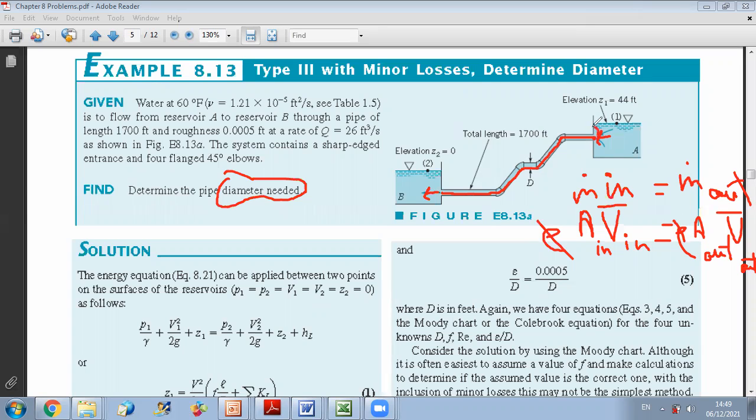The inlet cross section and the outlet cross section are equal. Actually everywhere the section is not changing, because you have one pipe diameter. So the cross-sectional area is the same everywhere. This means that V average in the duct is constant. So this is what you can get from the continuity equation.